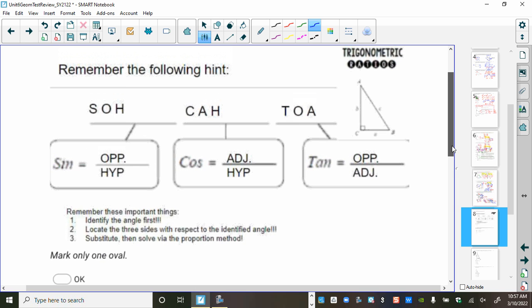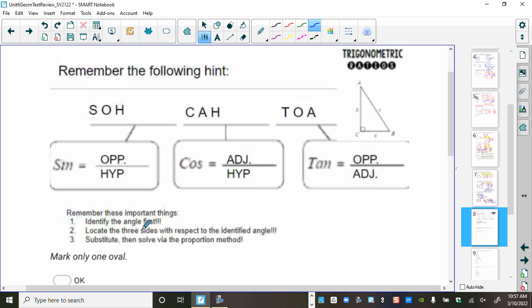Okay. Trig ratios. Again, you have to identify that angle first. That's most important. And then opposite, adjacent, hypotenuse, with respect to the angle. And then you solve with the proportion method.